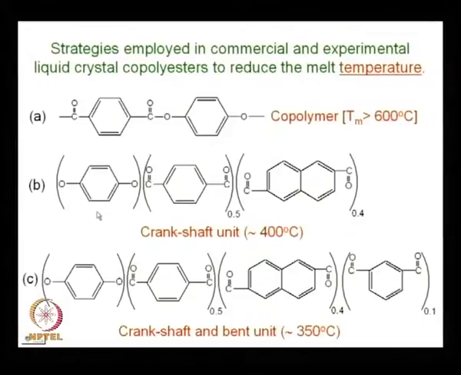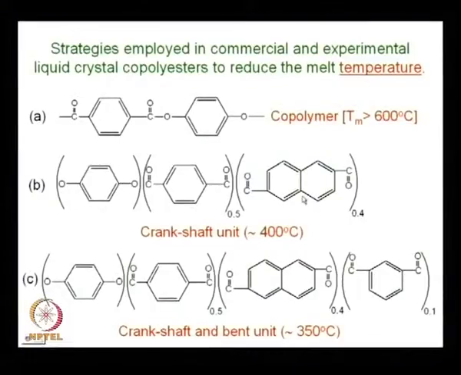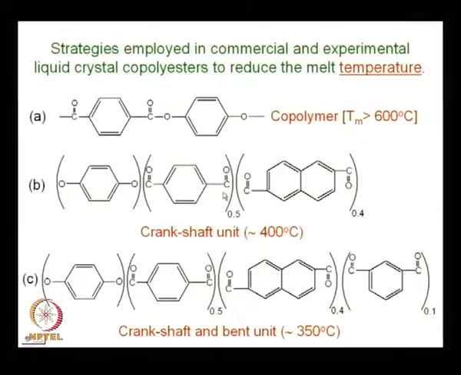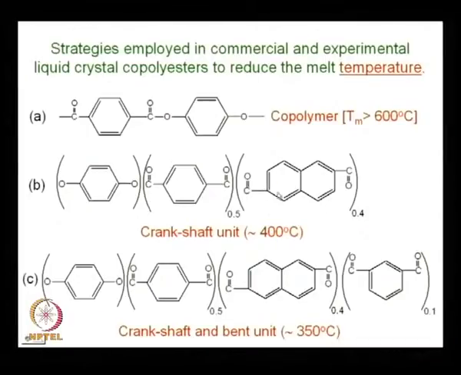Anyway, this ratio is dictated, that means you have to select these monomers or compounds in suitable proportions, so that this quantity will regulate the melting temperature, because these two will provide molecular symmetry. That means, that will take this molecule towards crystalline structure, whereas this will disturb this crystallinity because of this crankshaft linkage. So, due to the inclusion of this 0.4 only, its melting temperature decreases from 600 to 400 degree.